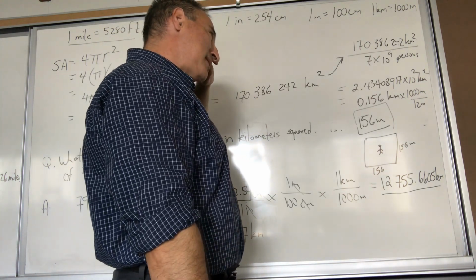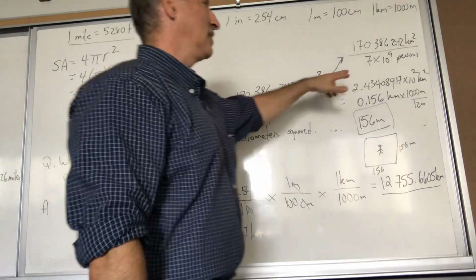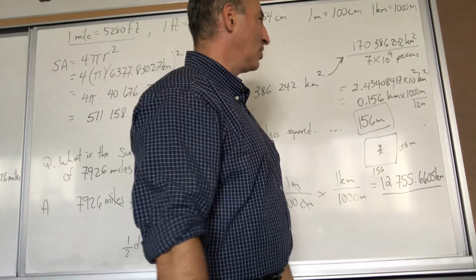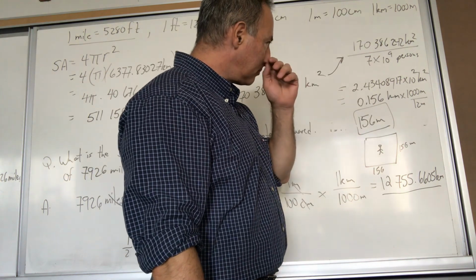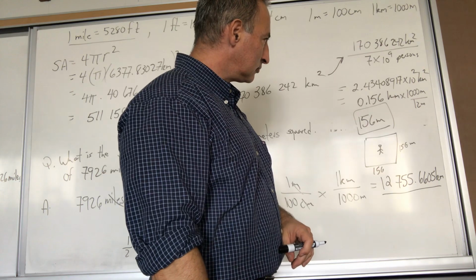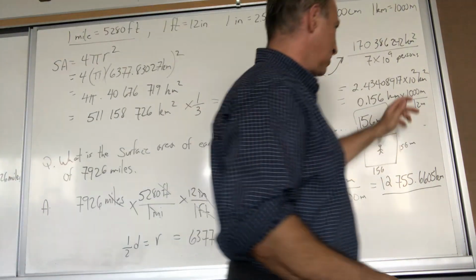And then I said to myself, okay, how many kilometers squared would be available per person? Given that there's 7 billion persons, you get 2.4 times 10 to the 2 kilometers squared. Let me just double check that. I think I forgot to put the -2.